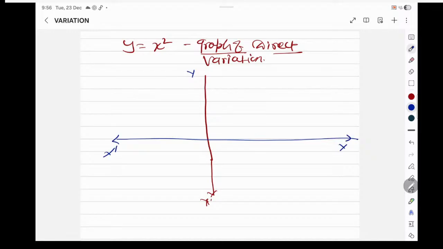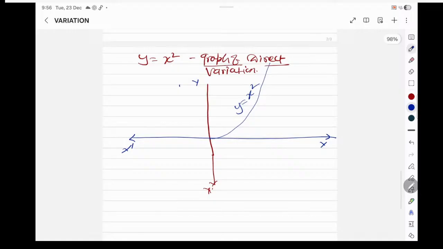Now if I draw the graph of the parabola, it looks positive, because variation is always positive, so it passes through like this, right? This is y is equal to x square.